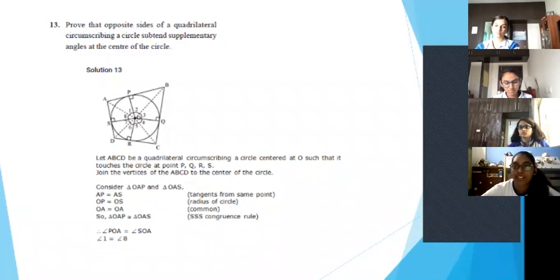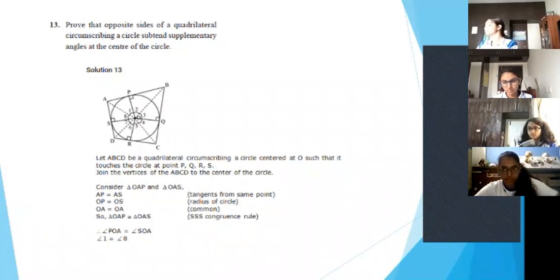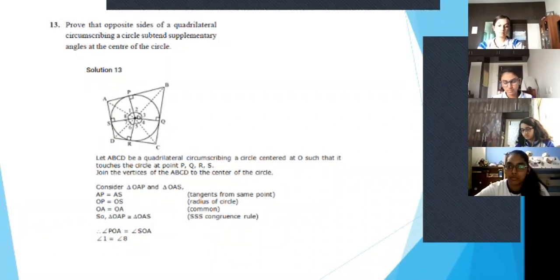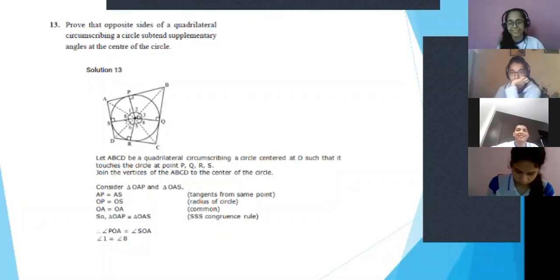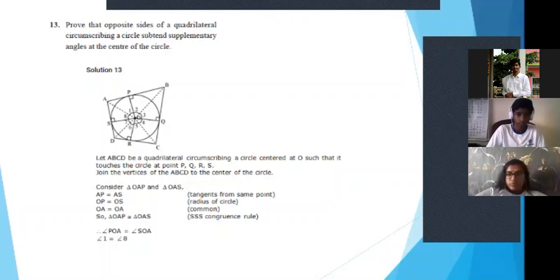It's hardly time only. Can anybody look into RS Agarwal from the chapter of circles? Does anybody have it in hand? Yes, ma'am. Have in hand. So take up one exercise. I really don't know. You only tell me which exercise you want to do. Tell me. Do exercise 1A. Don't give from second exercise. First exercise is what?